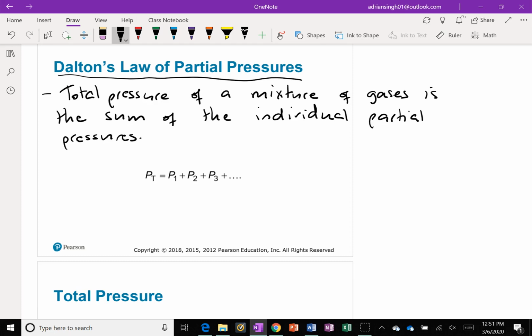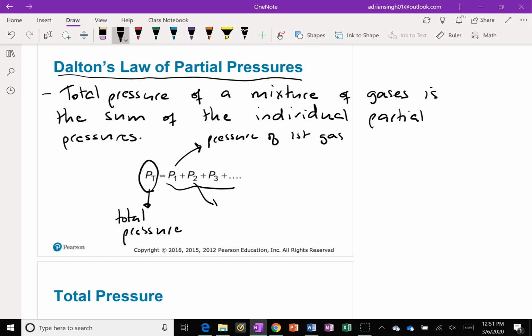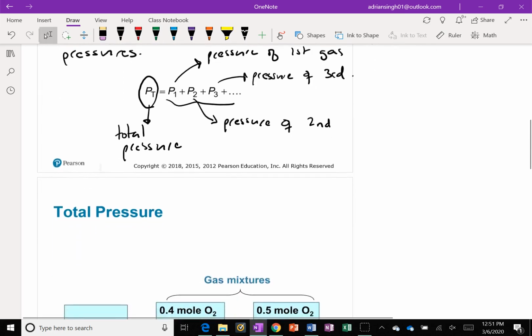In other words, the total pressure PT is equal to the sum of the partial pressures of all the different gases. So this here would be the pressure of the first gas, whatever that is, plus the pressure of the second, plus the pressure of the third, etc., until you've accounted for all of those gases.